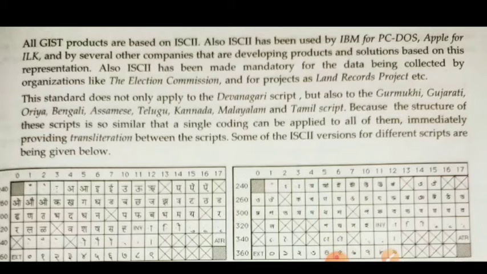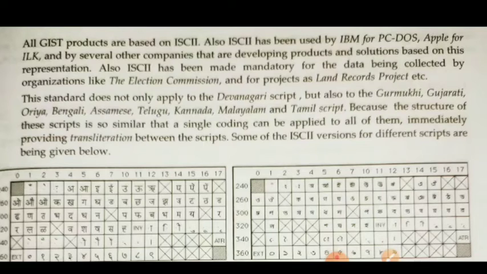This standard does not only apply to the Devanagari script but also to Gurmukhi, Gujarati, Oriya, Bengali, Assamese, Telugu, Kannada, Malayalam and Tamil scripts, because the structure of these scripts is so similar that a single coding can be applied to all of them immediately, providing transliteration between the scripts.